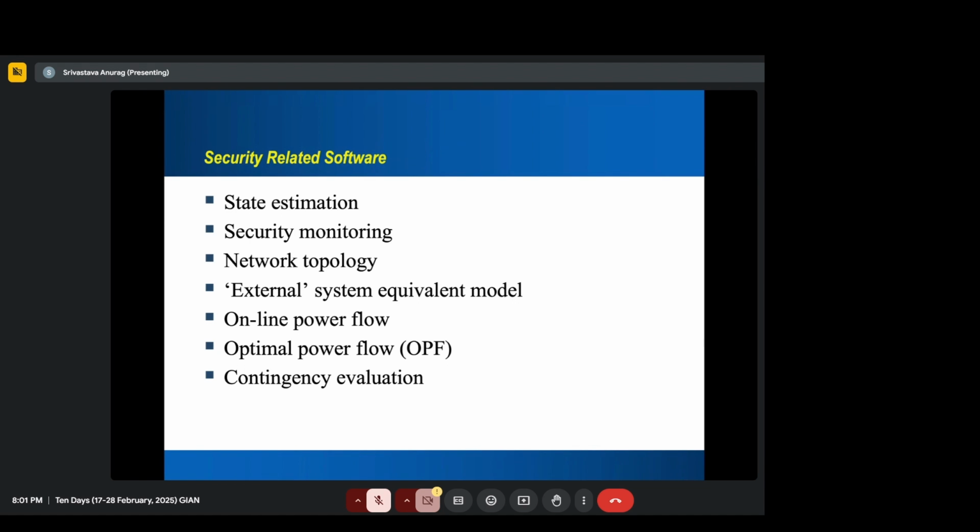Then online power flow, because it's running in minutes, it's not offline power flow planning. Then optimal power flow, where we determine the control actions, and then the contingency evaluation is needed.